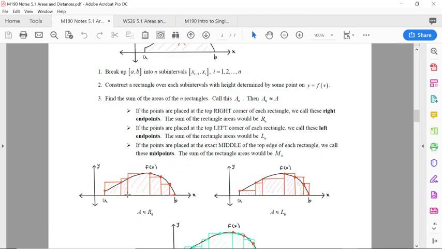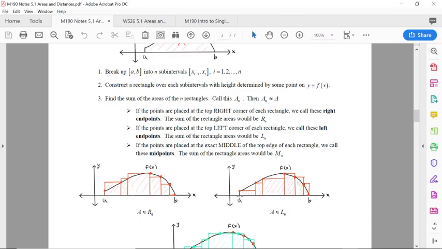This x value would be x2 star. It is the x star value of the second subinterval. This is y2 star. It is the y value of the second subinterval, and y2 star can also be written as f of x2 star, with function notation. This would be x3 star, x4 star, x5 star, and x6 star, using the right endpoint rule for this example.